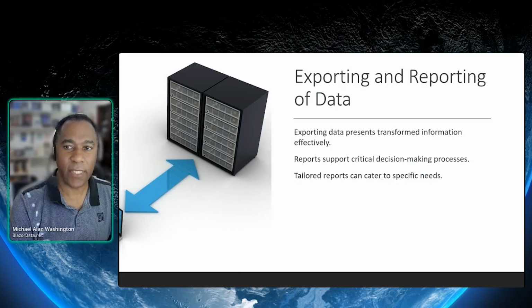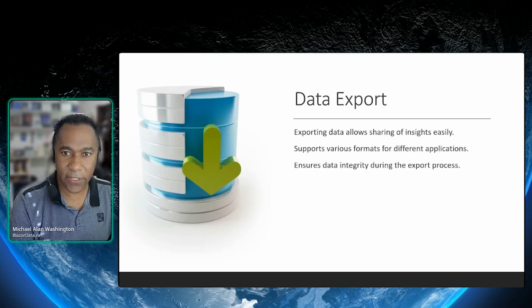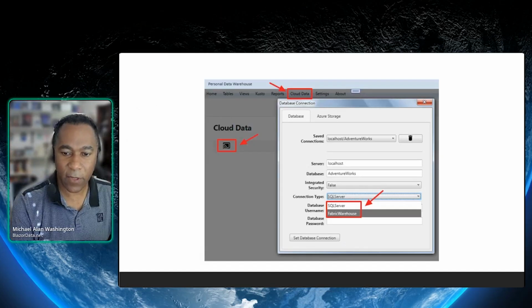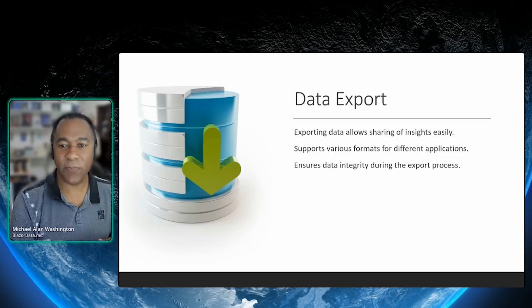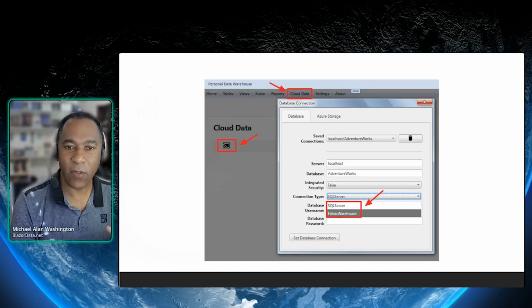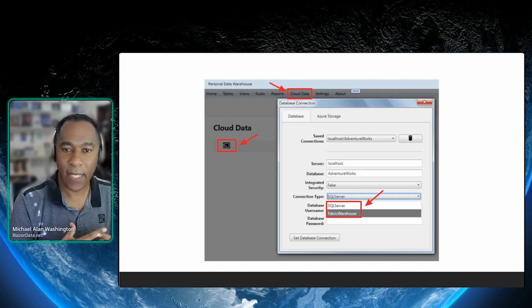So let me just quickly talk about exporting and reporting. For exporting, you can obviously save anything as Excel files or CSV files or Parquet files, or you can just truly export it.